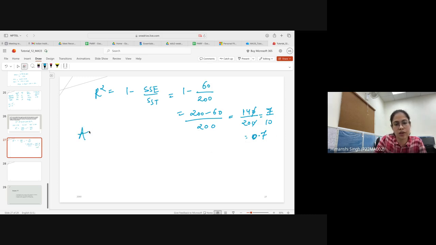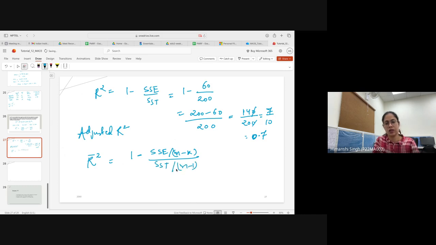Now adjusted r square. We represent it by r bar square. The value for this was 1 minus SSE divided by n minus k, divided by SST divided by n minus 1. This was the formula.